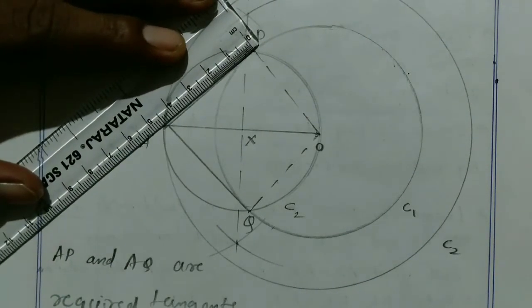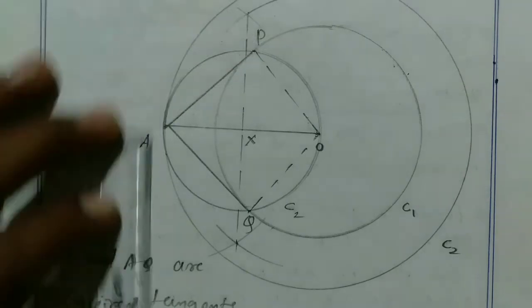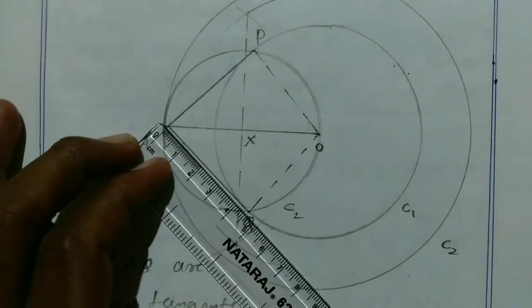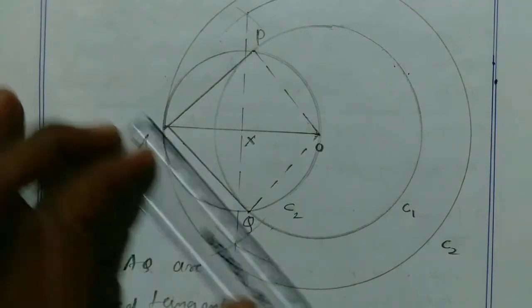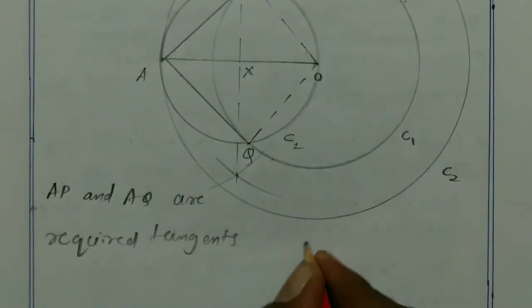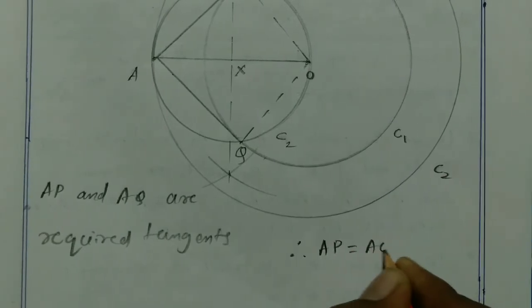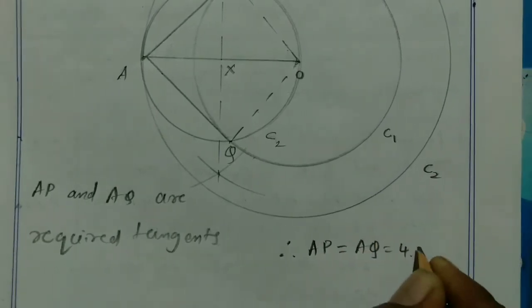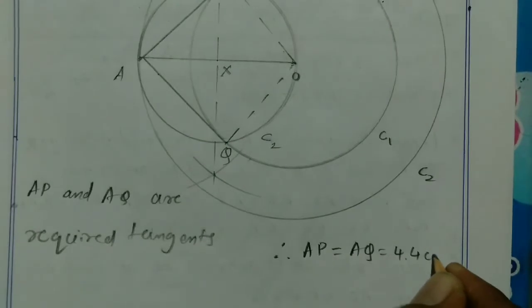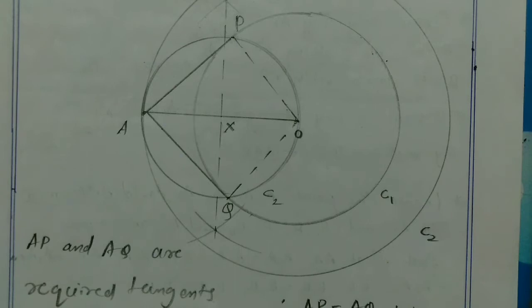AP is 4.4, and AQ is also 4.4, right? Therefore you can write AP is equal to AQ is equal to 4.4 centimeter. Okay, next I will explain the steps of construction.